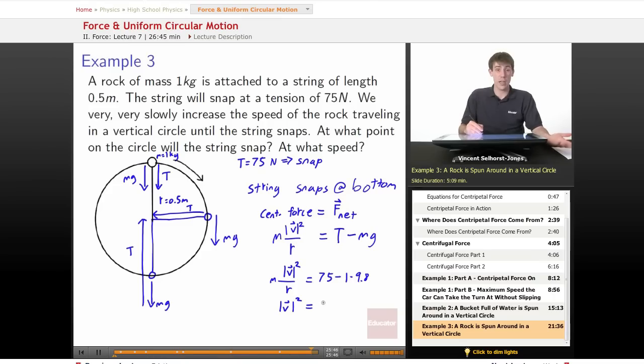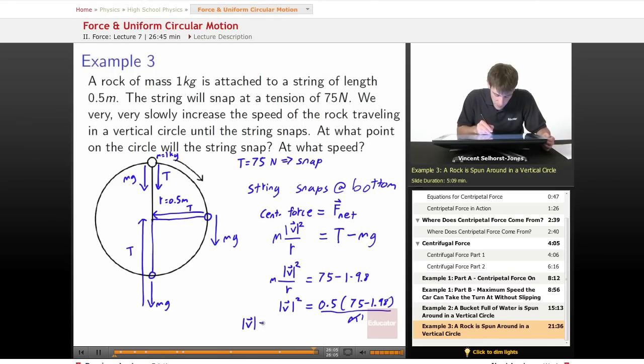What's the radius? The radius is half a meter. So 0.5 times 75 minus 1 times 9.8, divided by the mass. What's the mass? Well, the mass is just equal to 1, so we can forget about it being on the bottom. And then we take the square root of both sides, and we punch that number into our calculator, and we've got 32.6.